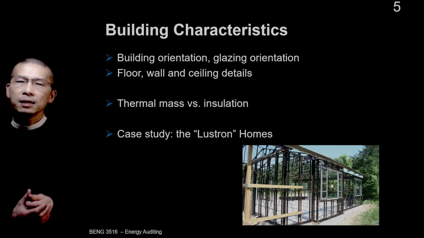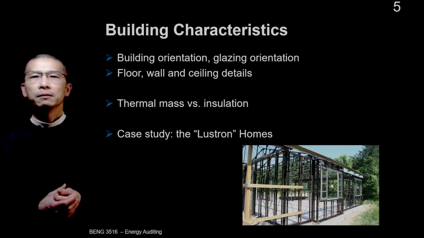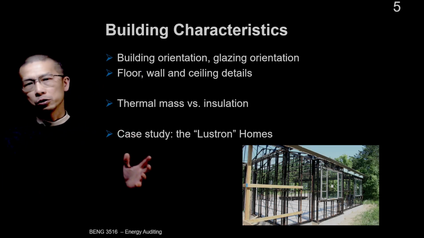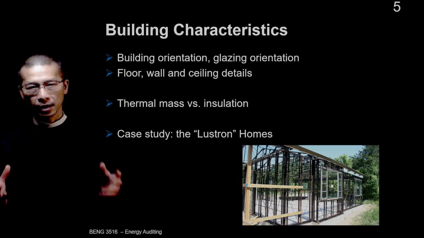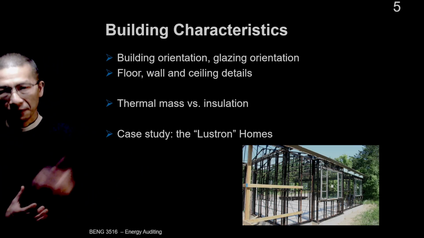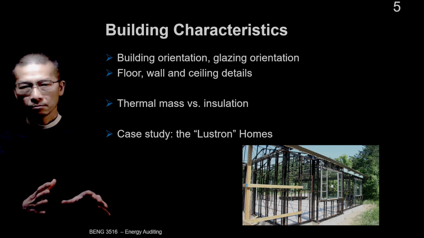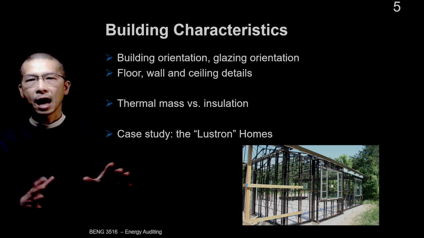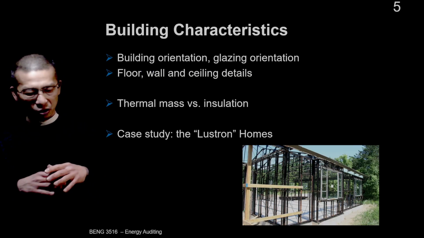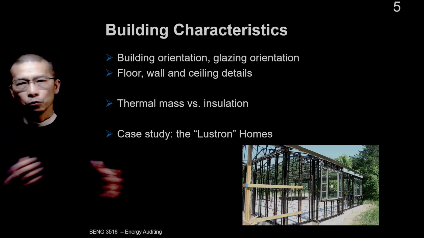When we begin a physical audit, we start with the big picture, the macro view of the structure, the building characteristics. The first thing we should look at is its orientation. In the northern hemisphere, a building's long axis should ideally run east to west.